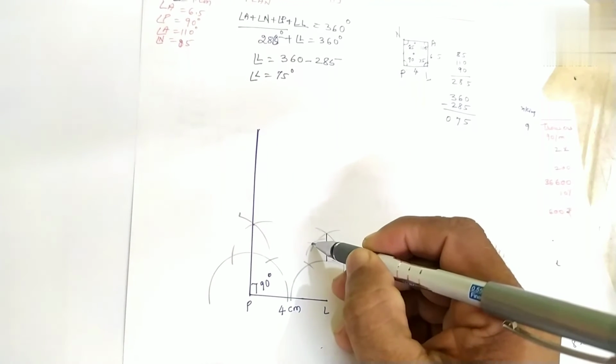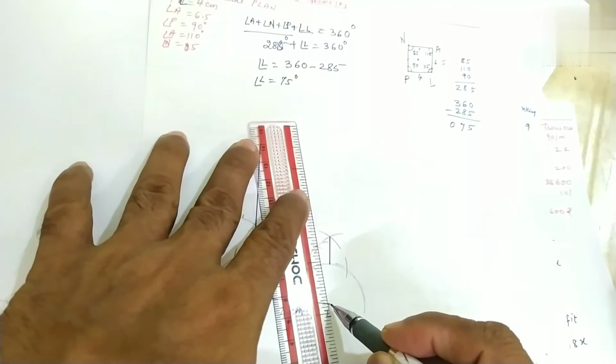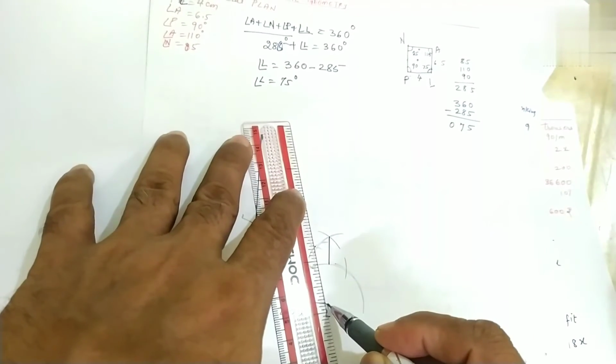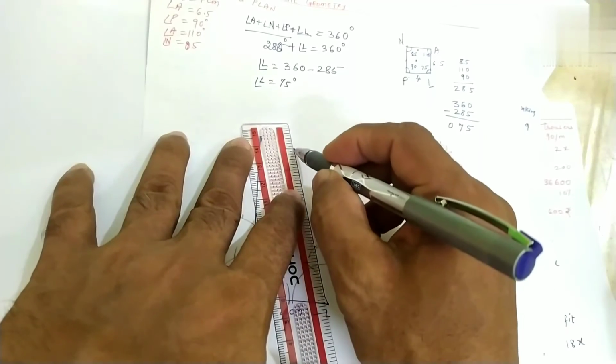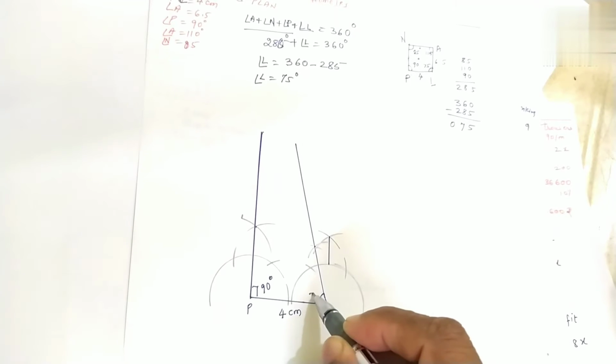This is the point. So this is 75 degrees, and from L we will take 6.5 centimeters.